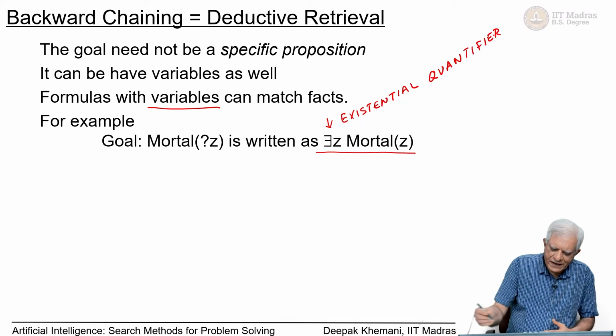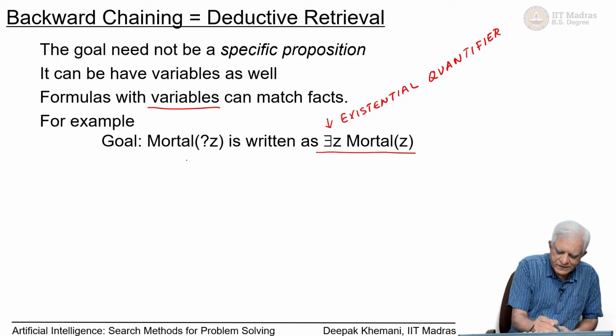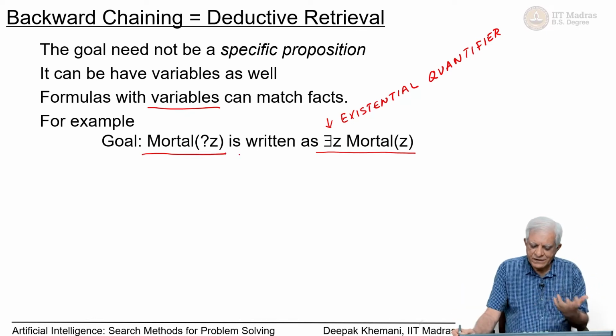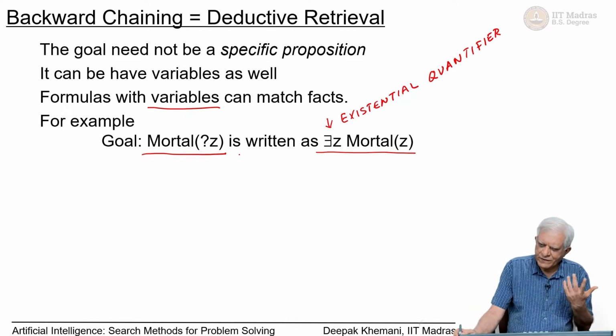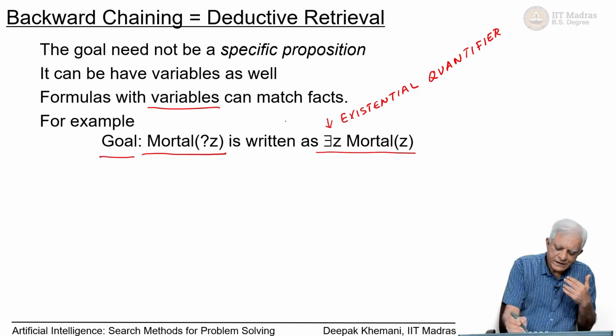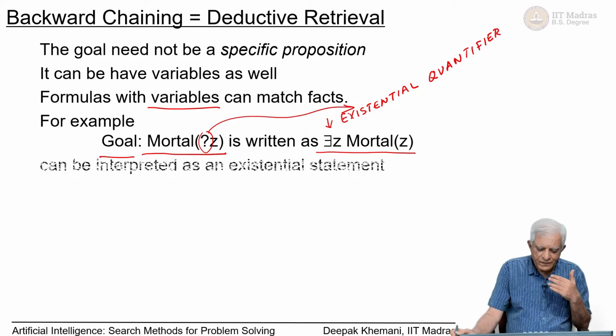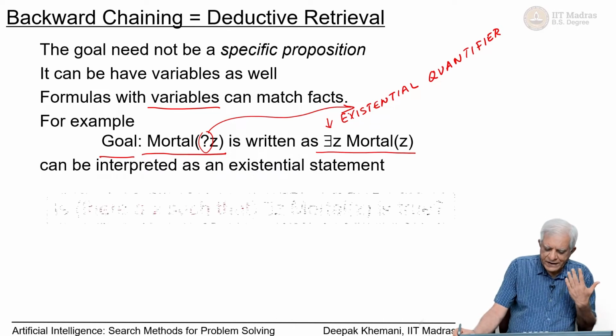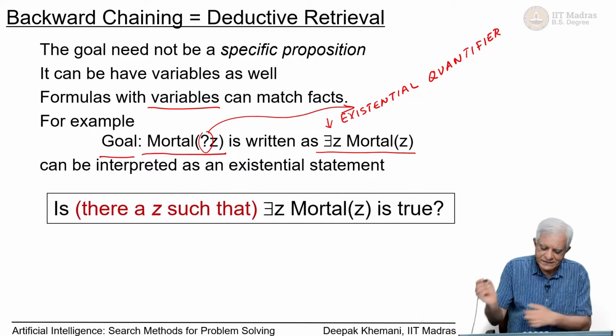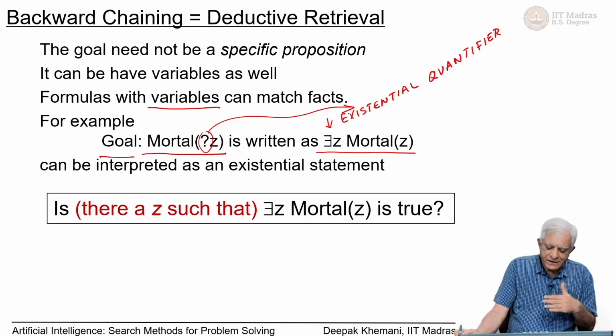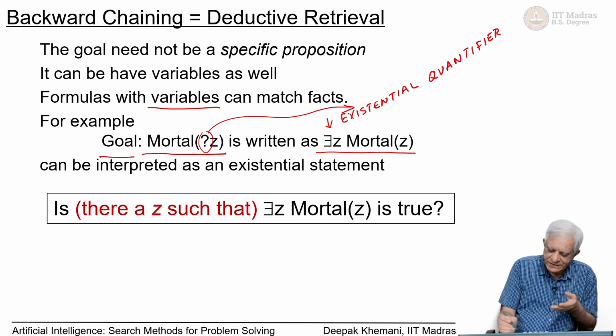And in a language that we do not have time to go into, the same goal can be written as this thing with a question mark. We have already said that we will use question marks for variables in a different context, but when it is in a goal, then a question mark corresponds to an existential quantifier, which means this query can be interpreted as an existential statement: is there a Z such that this is true?